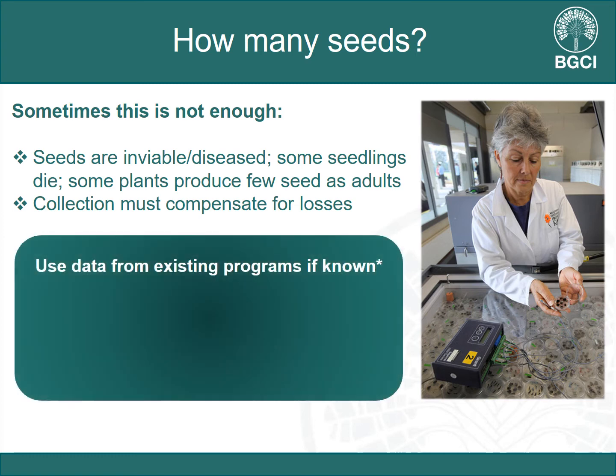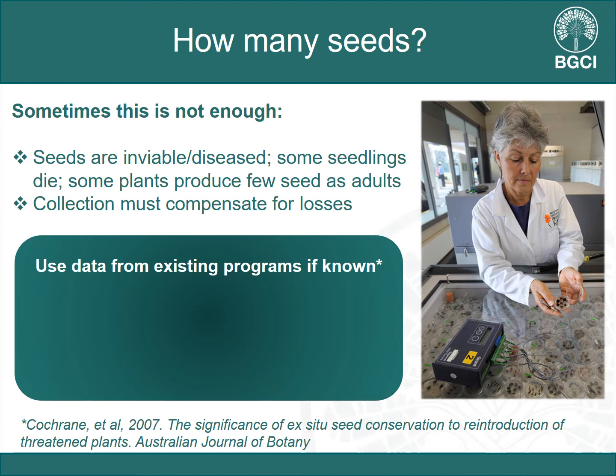If you have such data, such as from research that has been performed in your target plant species or genus, you should use this data to plan your collection. This citation, Cochrane et al. 2007, provides some useful examples for real species.